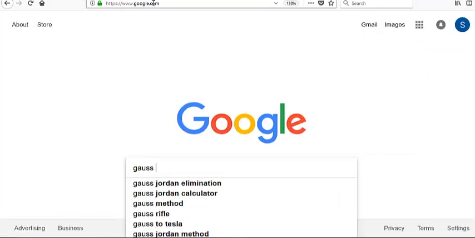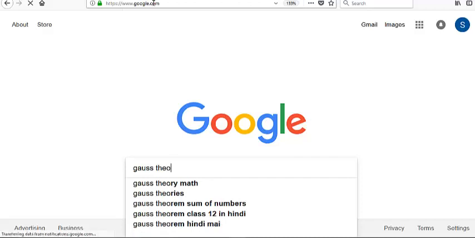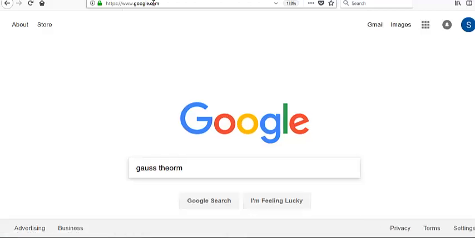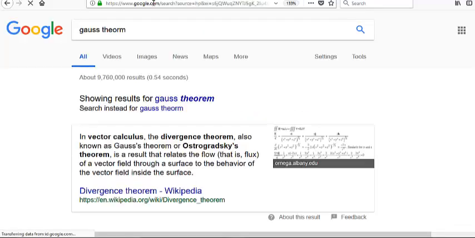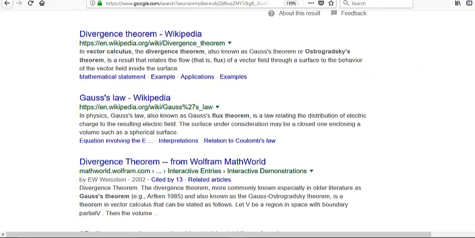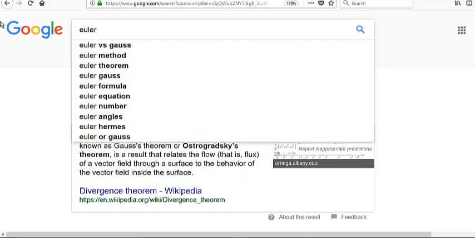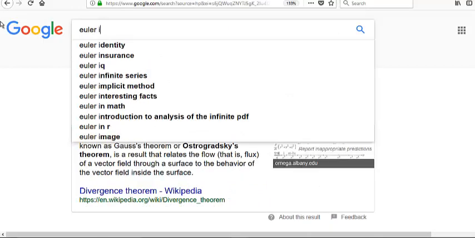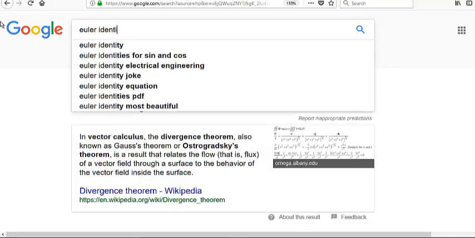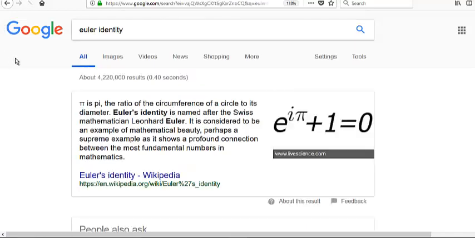Let's see what it says here. That's not the one I was thinking of. What's it called? It's Euler's. It actually is Euler's identity. Thank you. I knew it was one of those guys. Euler's identity: e to the i pi plus 1 equals 0, which is the same thing as we were saying.